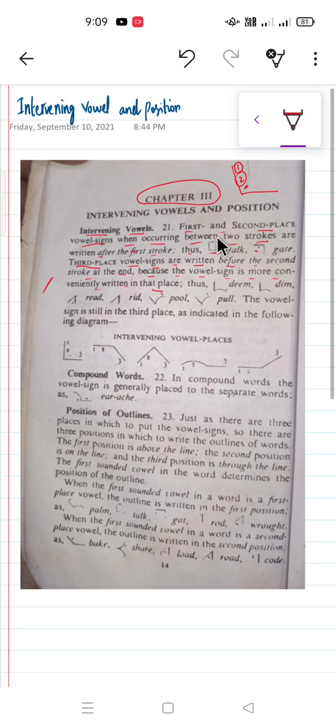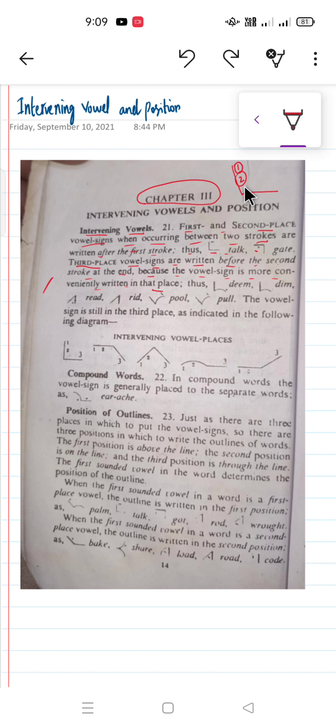But what he is telling is that we should not write that particular vowel here. If you write it, it gives you awkward joinings and awkward representation. So what I can do, simply I can shift that particular vowel which should be kept here to the next stroke.